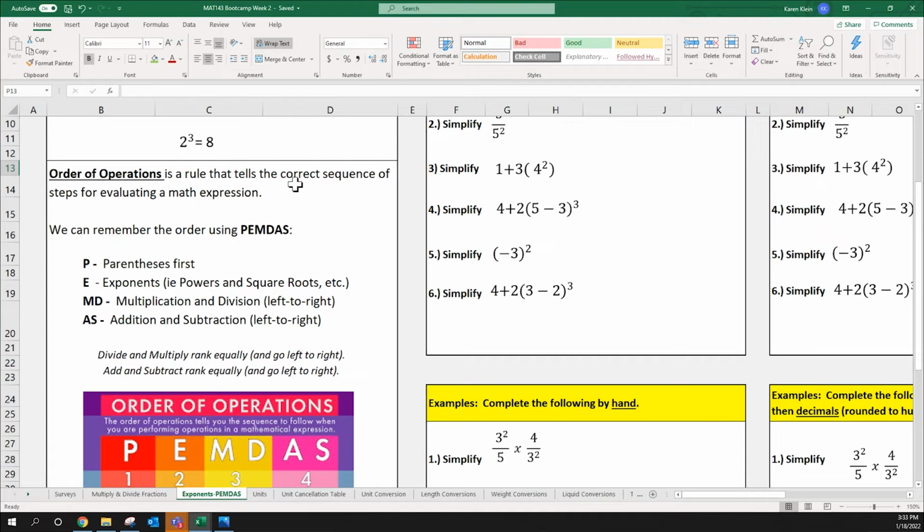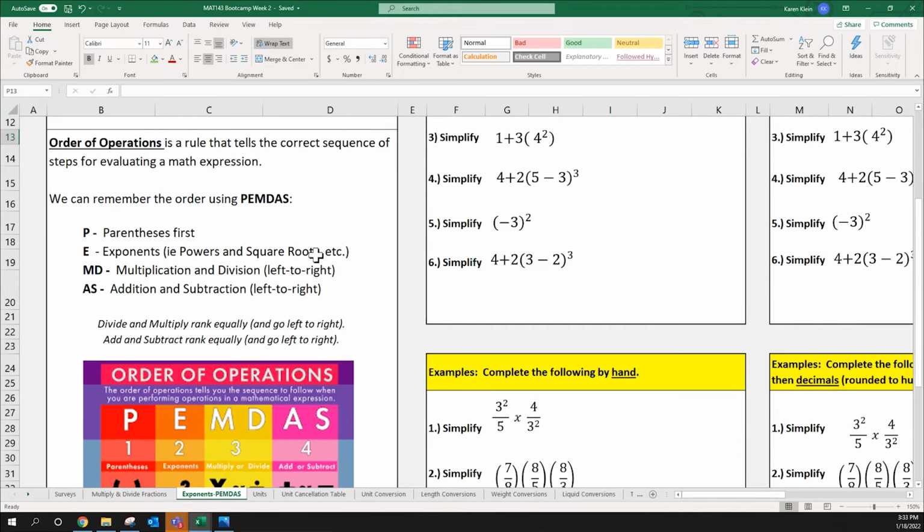Then we move on to exponents, such as powers, square roots, and things like that. Multiplication and division are on the same level. You just move left to right. So if there's both there, you do multiplication, then division, whichever you see first. The last two are addition and subtraction, again, left to right. So dividing and multiplying rank equally. You just read it left to right, and that's how we would solve it.